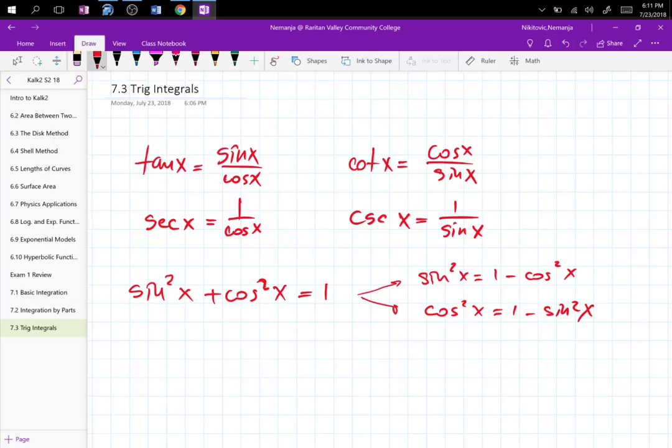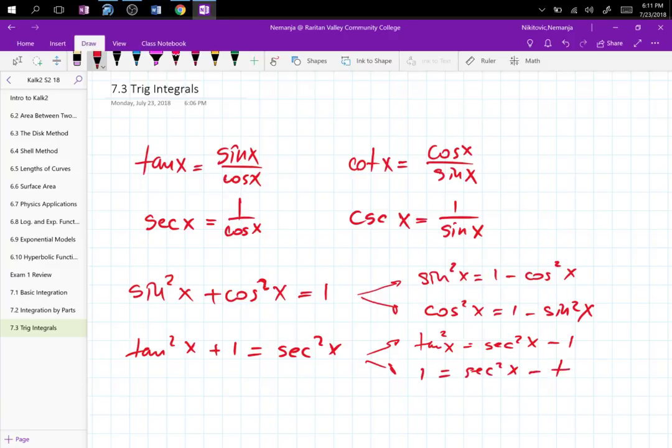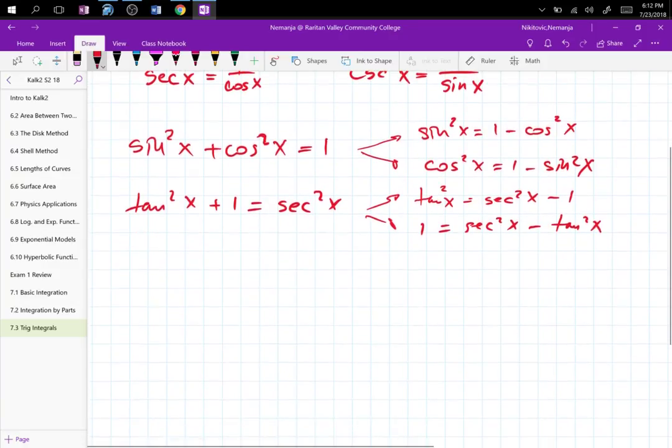Now going back to the original formula, if you divide everywhere by cosine squared x, you will get that tangent squared x plus 1 is equal to secant squared x, which also has another two forms. You can solve for tangent squared x, so tangent squared x is equal to secant squared x minus 1, or you can solve for 1, which is secant squared x minus tangent squared x. As I said, all of these will be handy eventually.